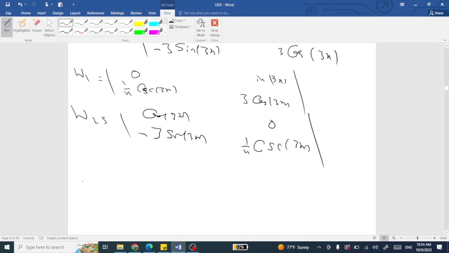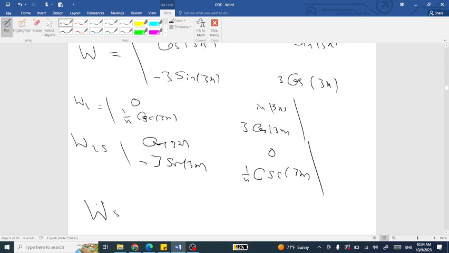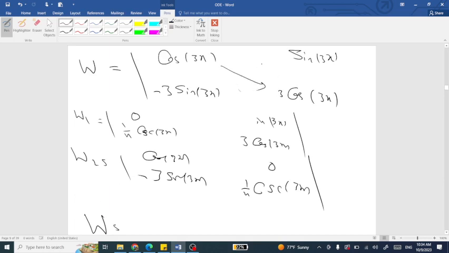So W equals what? Let me go back and check. Multiply here, multiply there. Cosine multiplied by cosine, 3 cosine squared, minus plus 3 sine.